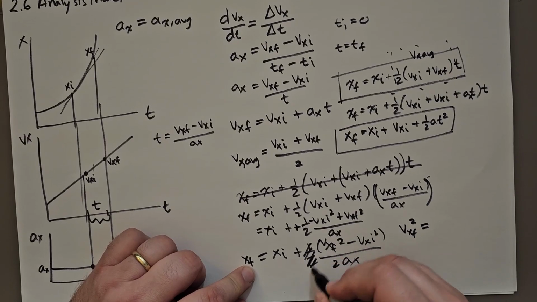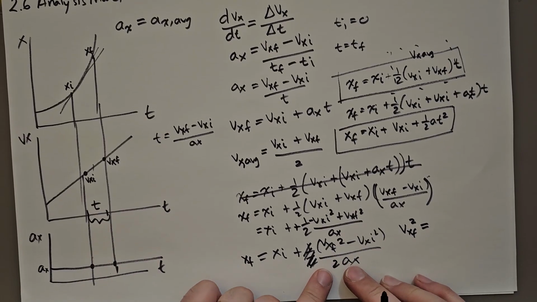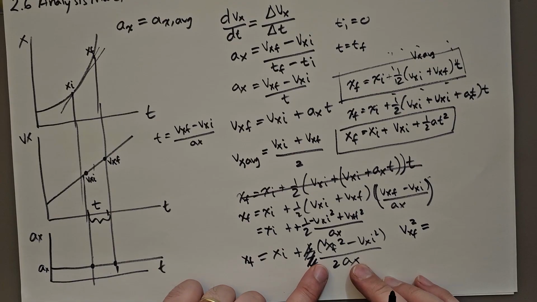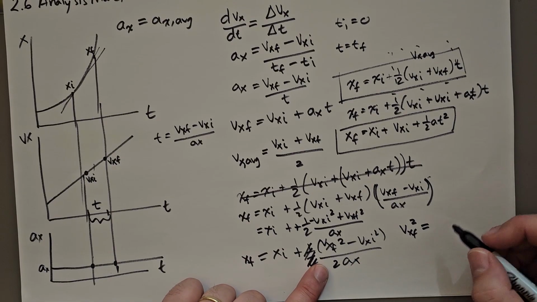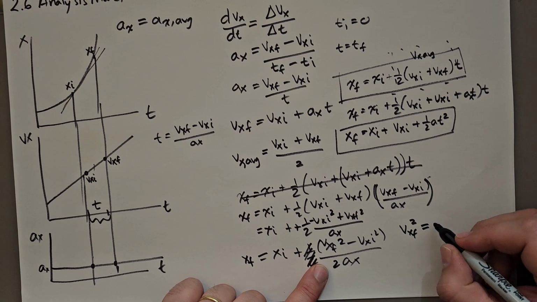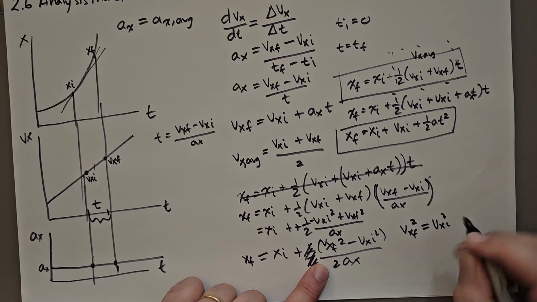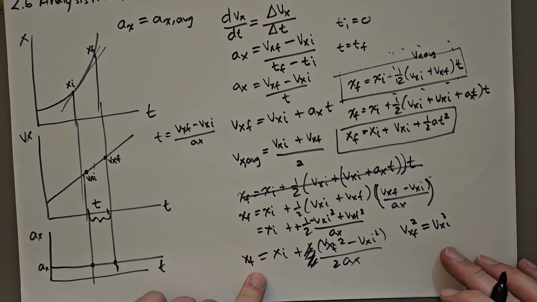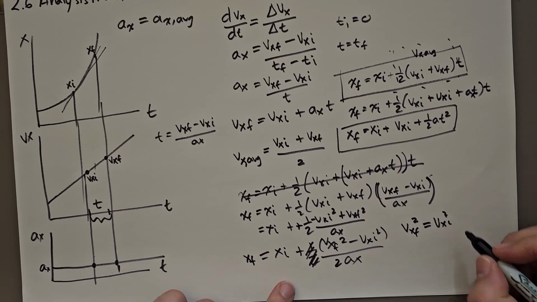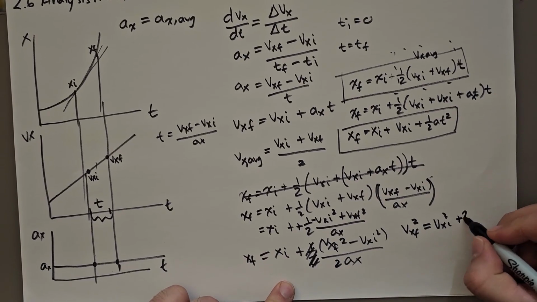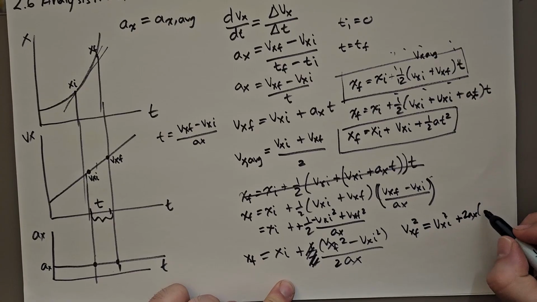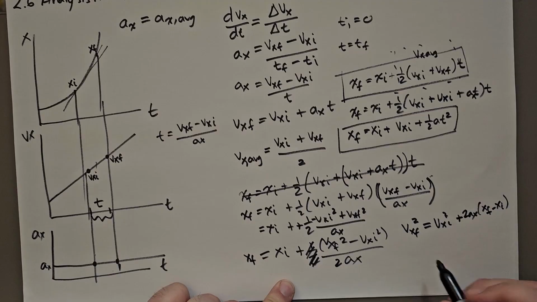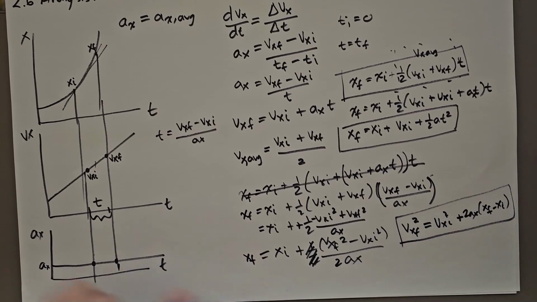So vxf squared is equal to, we multiply everything by 2ax. We get vxi squared, because this moves to the other side and becomes positive, plus 2ax times (x sub f minus x sub i). And this is another equation.